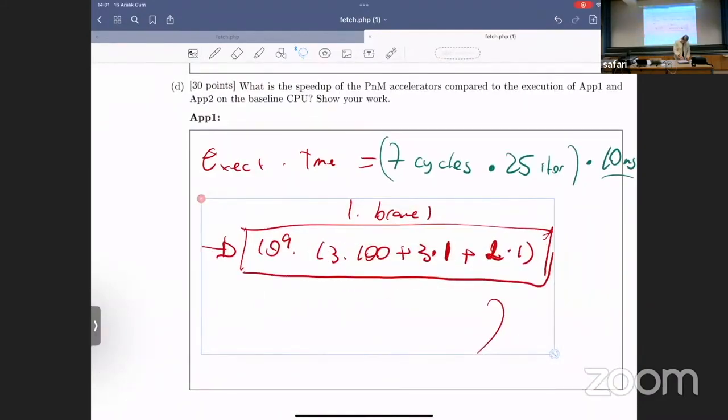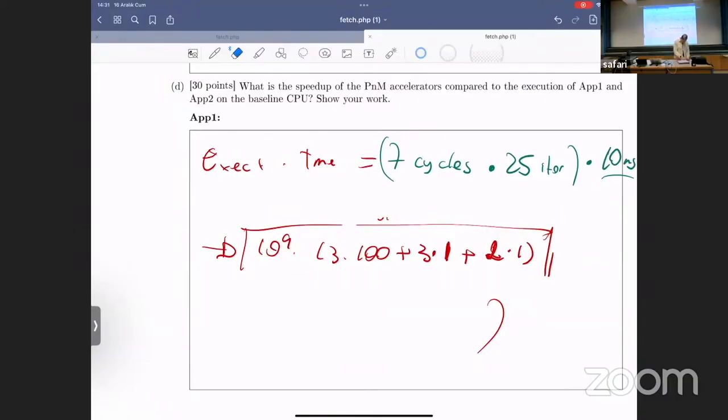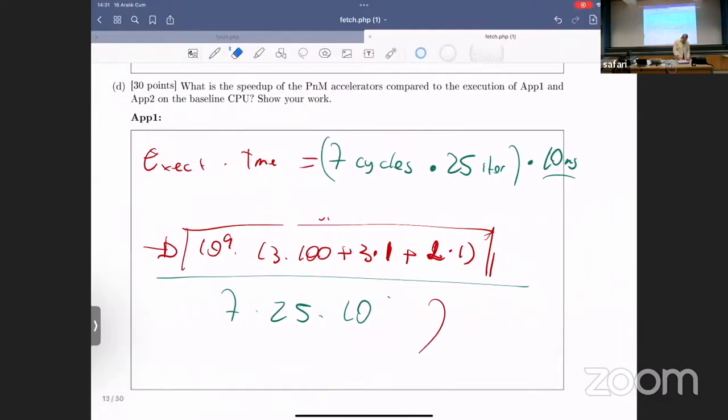Just a sec. I'm forgetting something. This is not correct. Yeah, I forgot the iterations. Divide by 25. Yeah. So now it's correct.